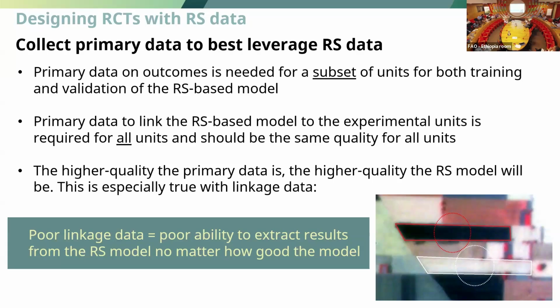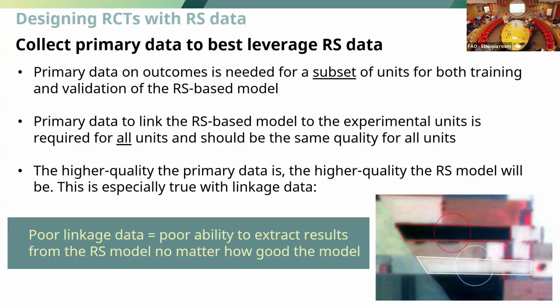So the key thing to remember is that we need primary data for a subset of units for both the training and validation of the model. If we get it for all units, then there's no need for remote sensing data. But we need to train the model with a subset of data, and then you can get more observations from remote sensing.